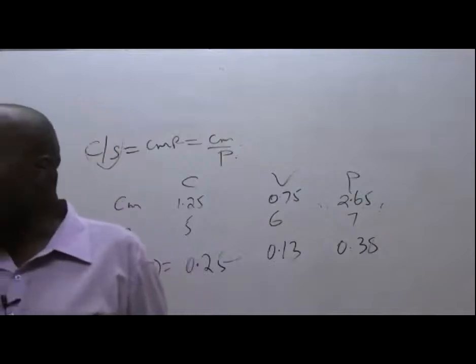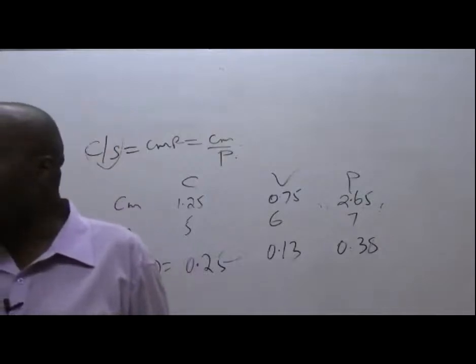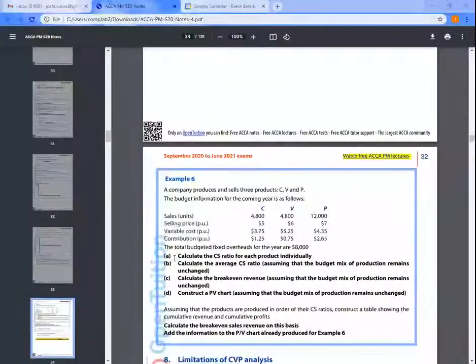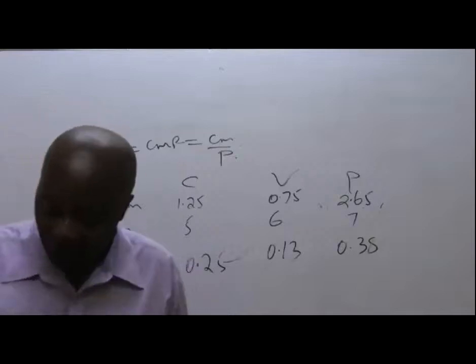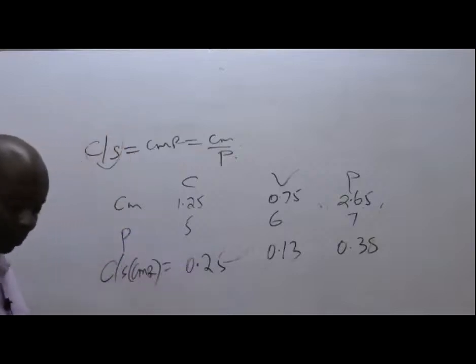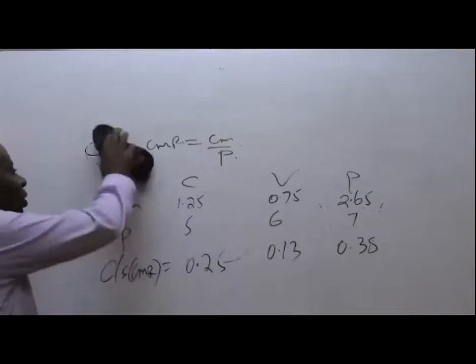Now, straight away, let's go to the second requirement, where they want us to calculate the average CS ratio. So how do we get the average CS ratio?